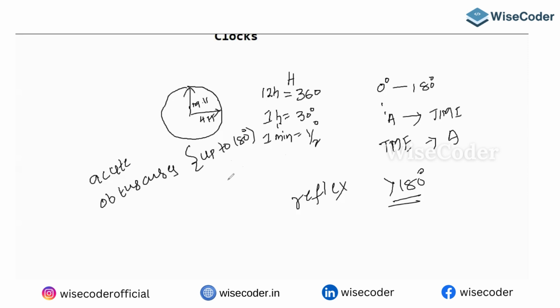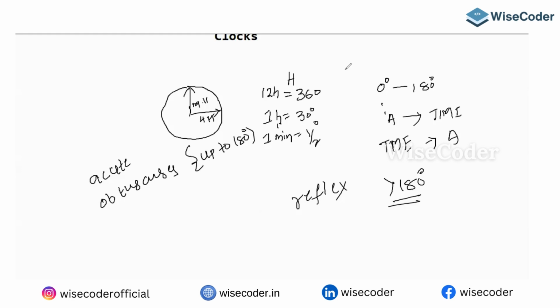If you want to be good in the clocks topic, you should know a few points, so please write them down. There are two kinds of hands, the hour hand and the minute hand.